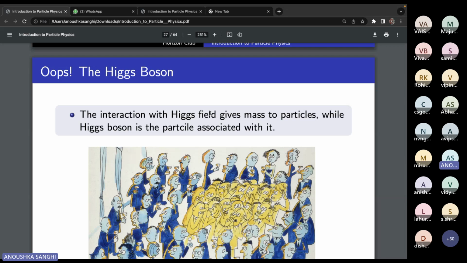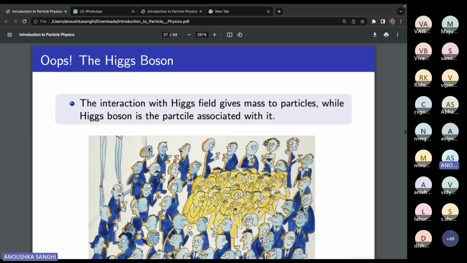I think the second one is correct: particles which interact more with the Higgs field become heavier. And just like in gravity we define gravitons, some fundamental particle of the field, similarly the smallest unit of the Higgs field is the Higgs boson. So firstly he defined the Higgs field, and then we got the Higgs boson.